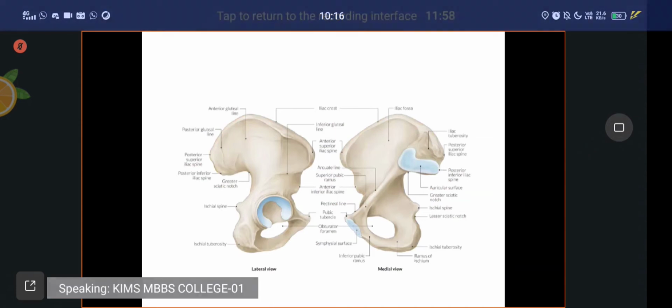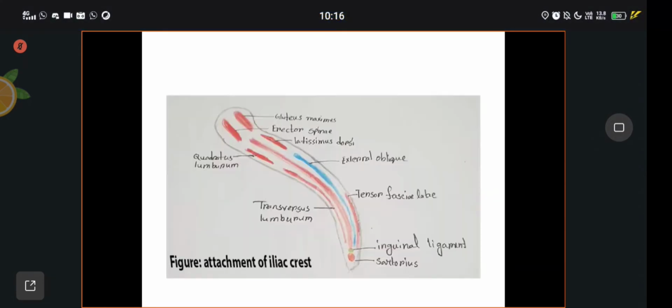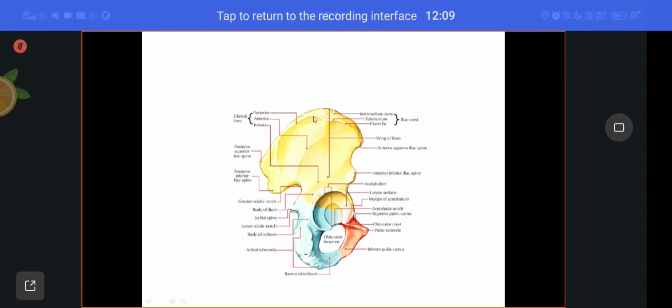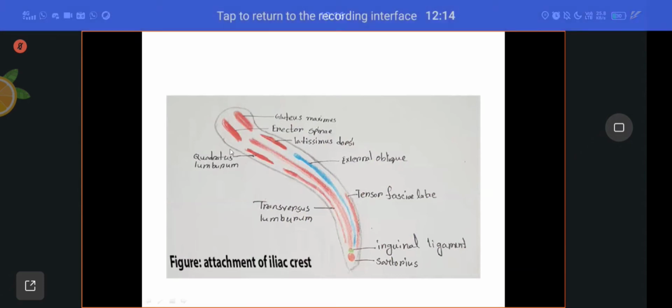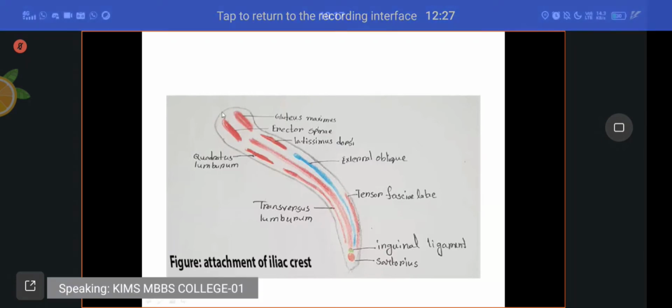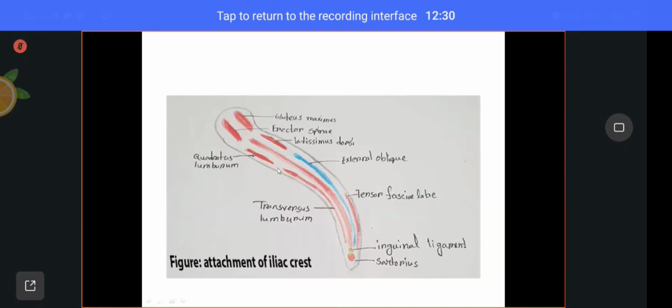Now if you see the iliac crest, this is the iliac crest. I have drawn only this part, only the upper end of the iliac fossa. The iliac crest is extending from the anterior superior iliac spine to the posterior superior iliac spine, and it is divided into ventral 2/3 and dorsal 1/3.